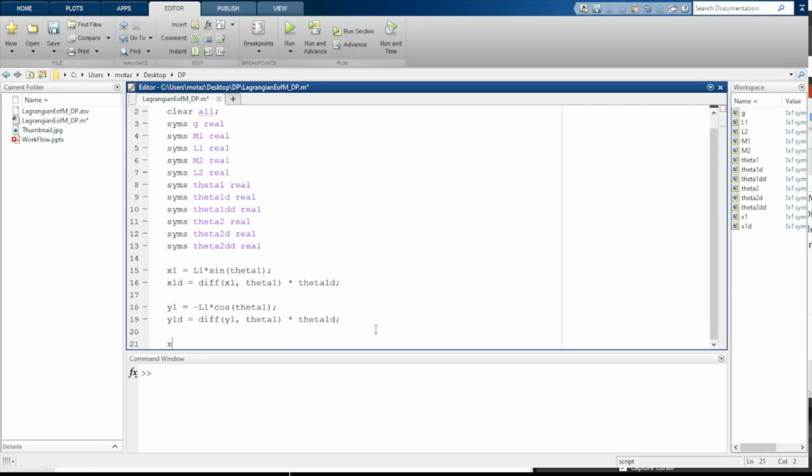Okay, x2 is the same, except we need to add the first part to it: L1 times the sine of theta 1 plus L2 times the sine of theta 2.